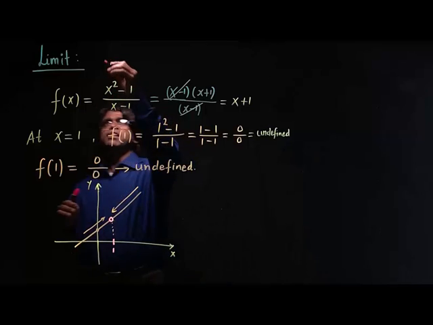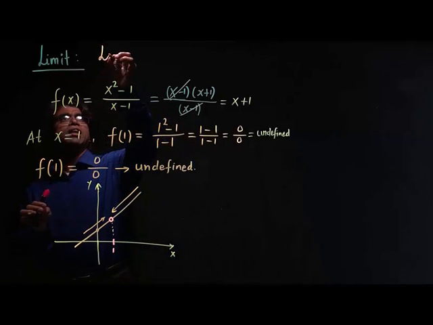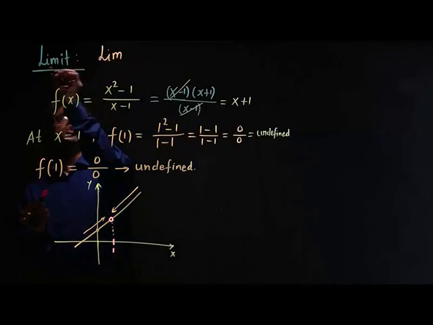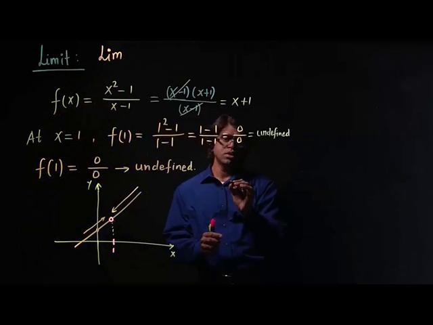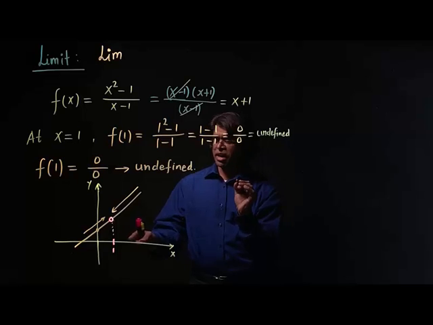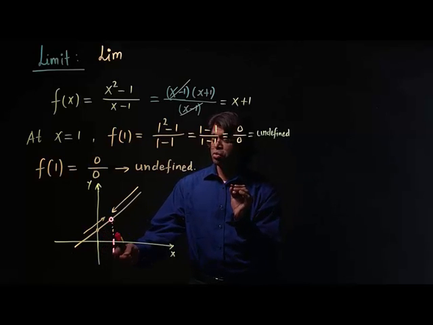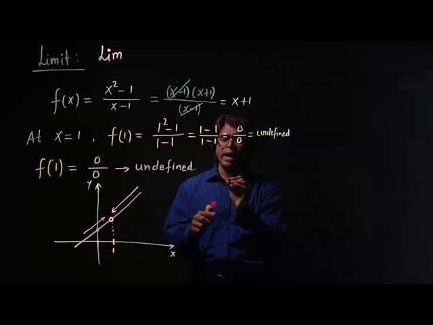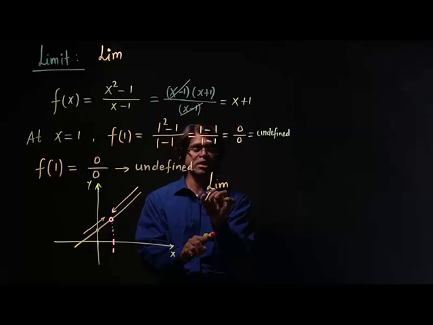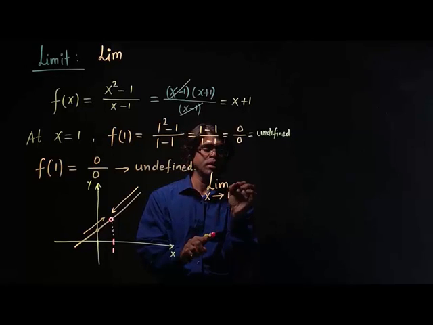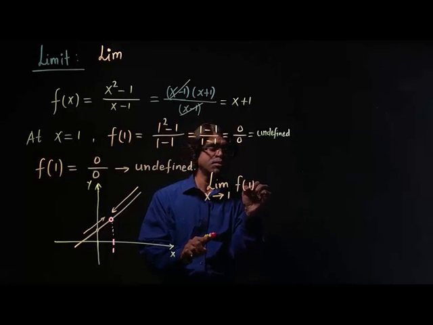For limit, we use a symbol, we call it LIM. We don't write limit, we just use LIM for the limit. So what I'm going to say is, when we are approaching point 1, like x equals 1, from left or right, we can write limit x tends to 1 of f(x), right?